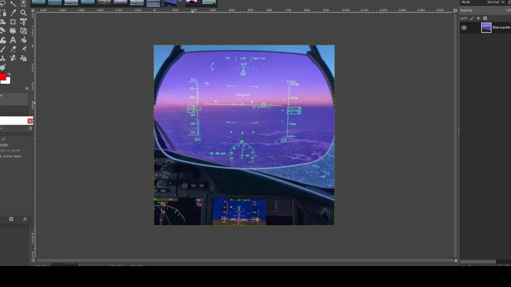And before we do so, there's this random photo that I found on the web. I think it's a real photograph, but it's looking through the heads-up display on an aircraft, and we can see here that it's at 37,000 feet, so it's quite high above the Earth, and we do indeed have a horizon at the same level as the horizon line.